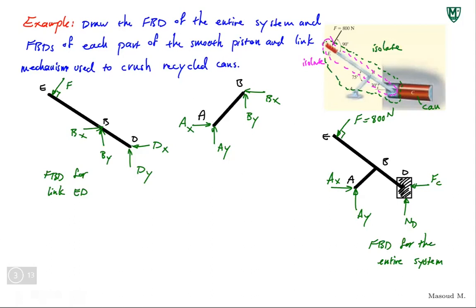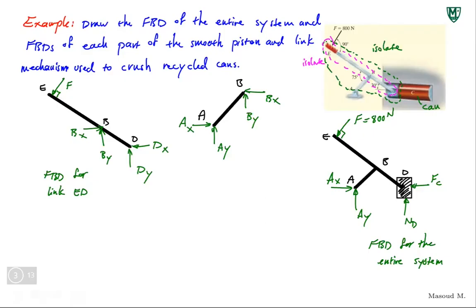But look at this link for a moment. Link AB is connected to the rest of the system and the support using 2 pins. There is no moment applied to it. There is no moment anywhere because there is no resistance against rotation at either of these 2 points.